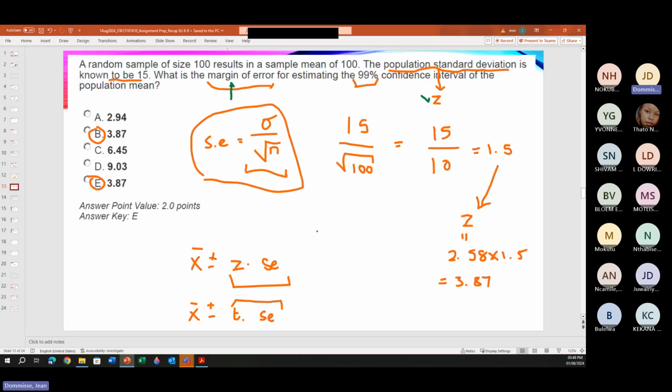You don't need to go and search it elsewhere. So 2.58 times the standard error of 1.5 will give you a 3.87, which is any one of those two. Okay, so again, something a bit different that you would not have seen in previous questions. The standard error is asked a lot, but this one was the first time that I saw that we're also asking you to work out what the margin of error is.